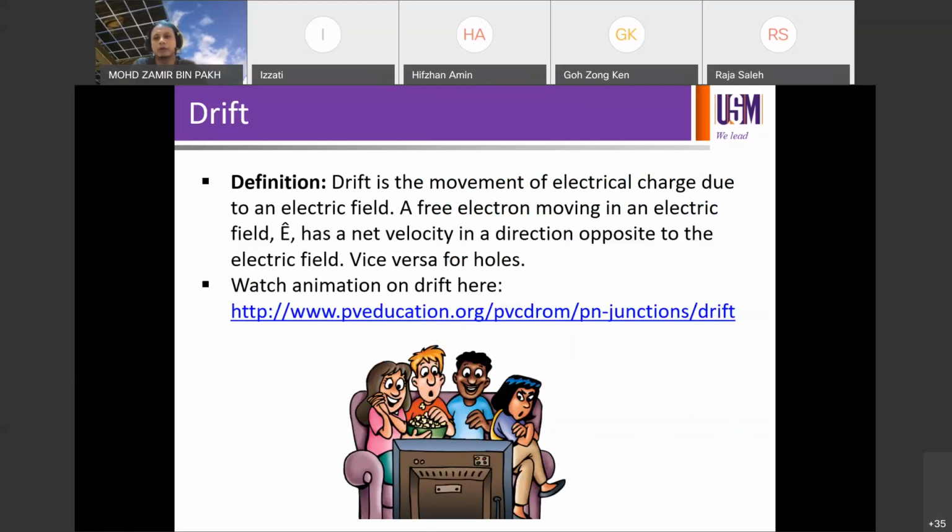But with drift, there's a net motion into a specific direction depending on the charges, right? So a free electron moving in an electric field has a net velocity in a direction opposite to the direction of the electric field. And on the other hand, holes follow the direction of the electric field.